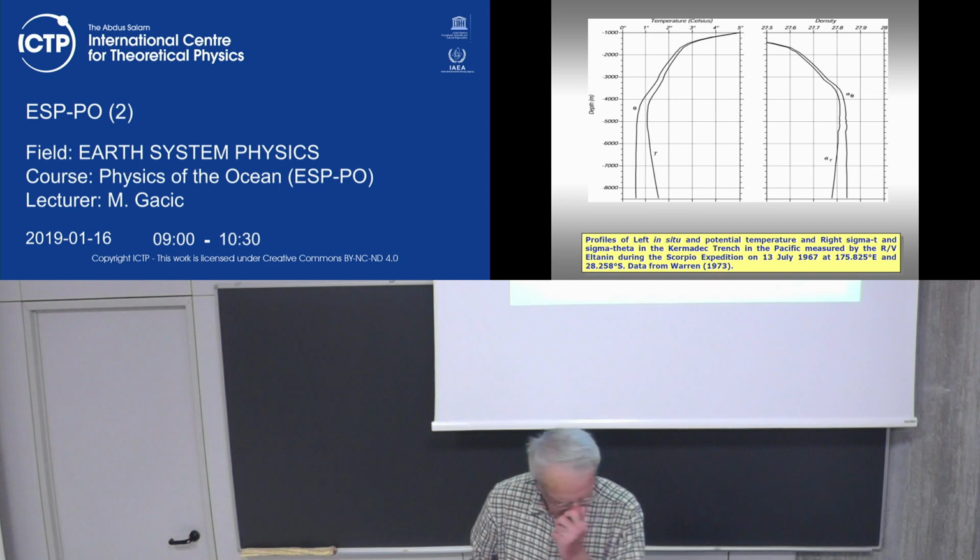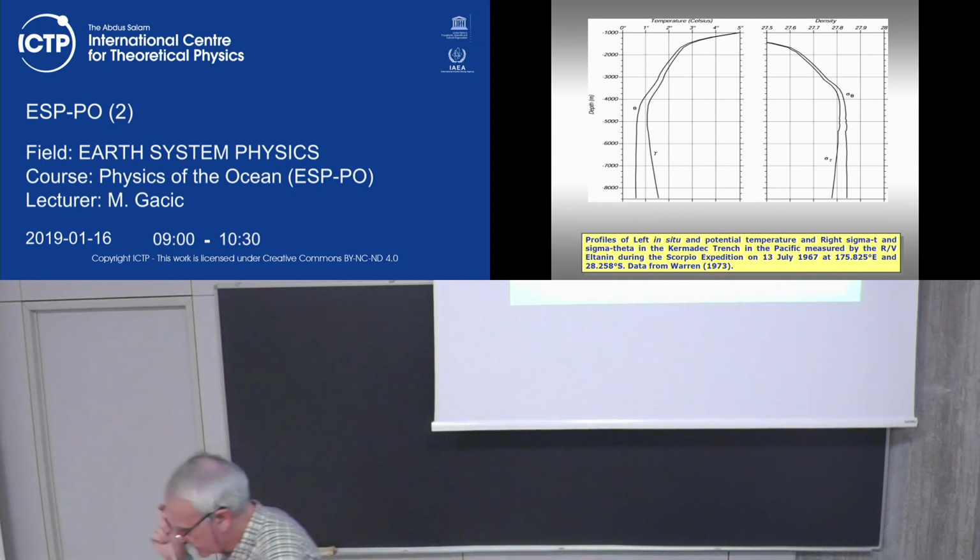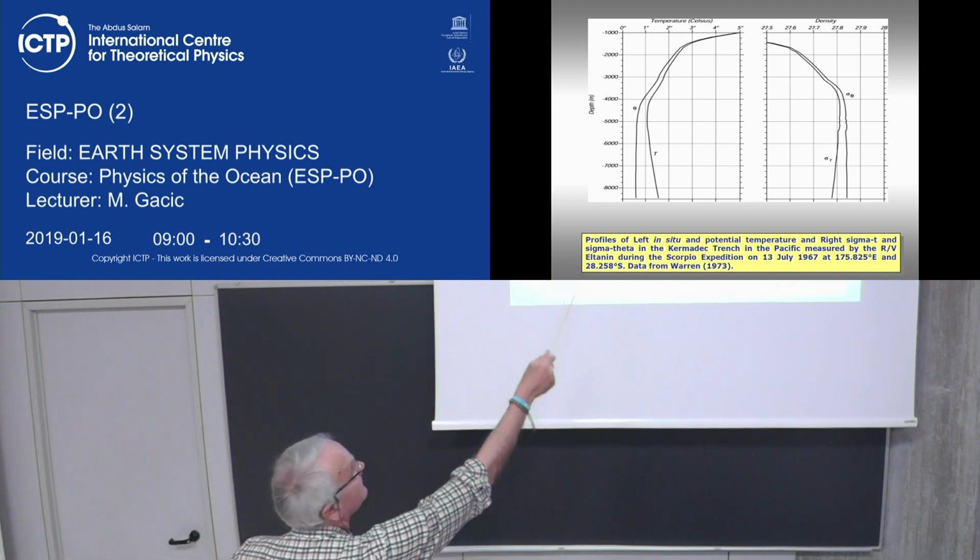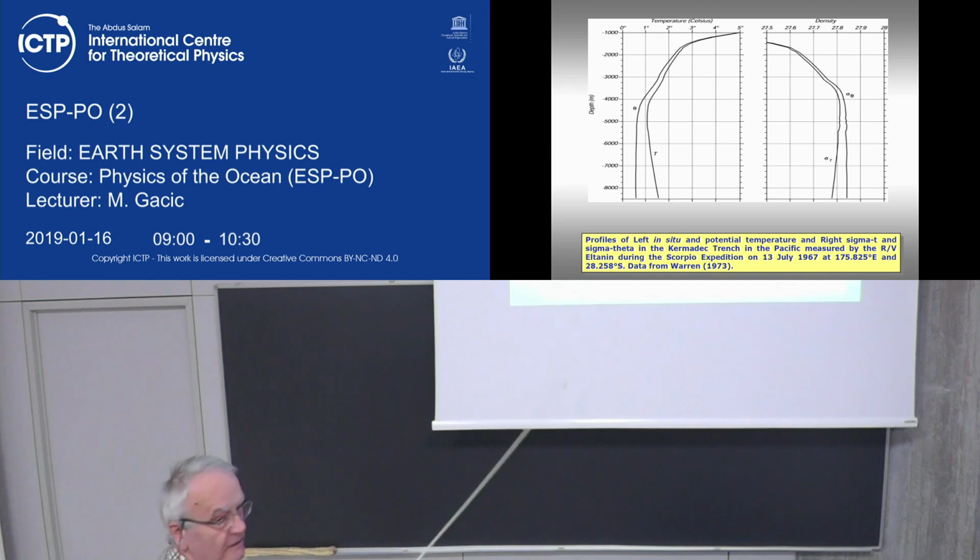Okay, so let's see how the vertical distribution of temperature, or profile of temperature, looks like. This is the in situ temperature, what we call it. We didn't remove the influence of the pressure.